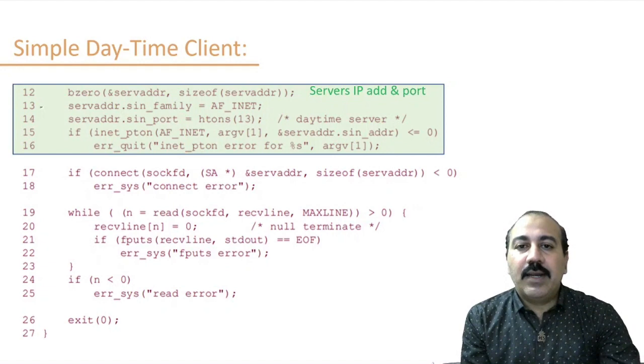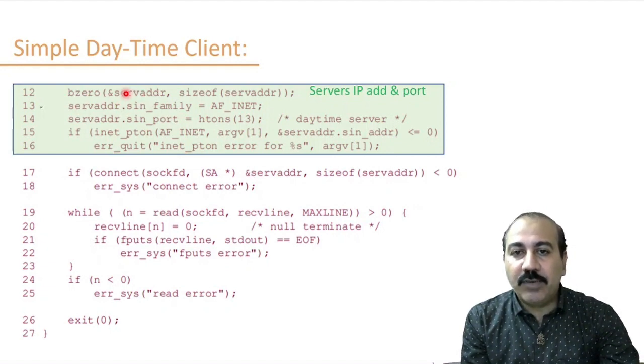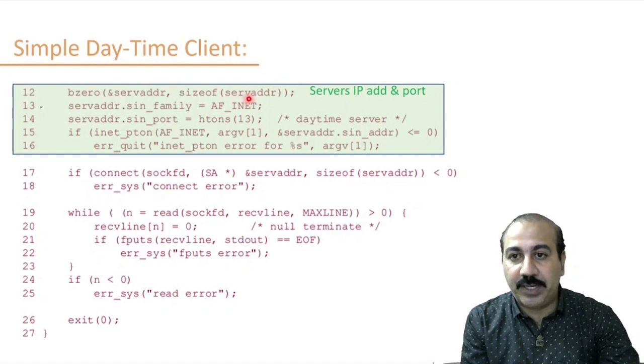Server address we have seen in the first half of the program. Server address is a variable of structure type. What am I doing with that? I am passing that server address variable to a function called bzero, and I'm also passing the size of that particular structure type. So what does the bzero function do?